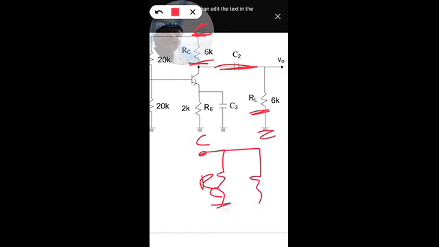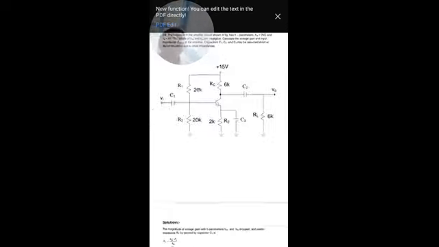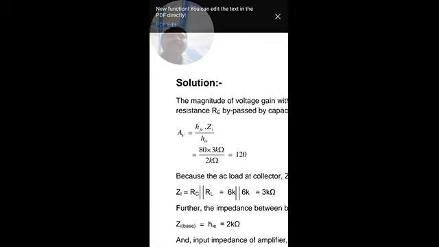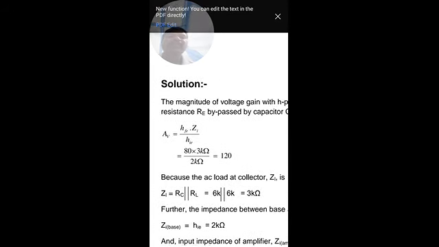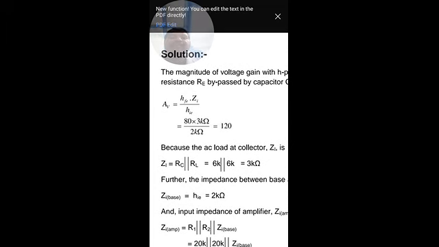RC and RL having 6K and 6K, the parallel combination is the load resistance RL dash, which becomes equal to 3 kilo ohms. So we substitute here: HFE is 80 and 3 kilo ohms divided by HIE given as 2 kilo ohms, so we get the voltage gain 120.